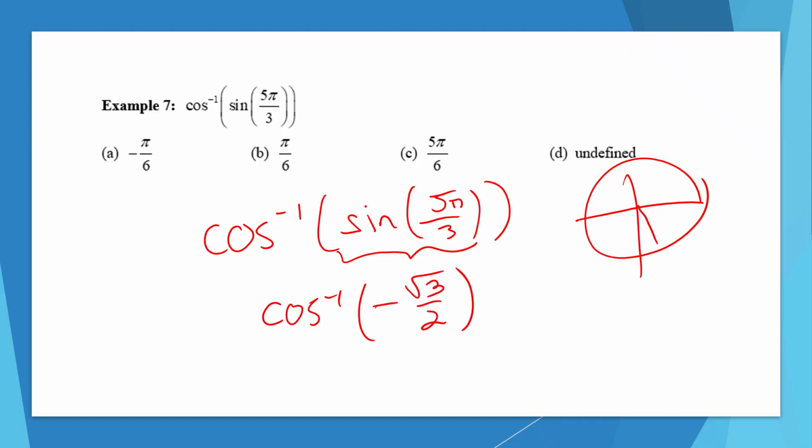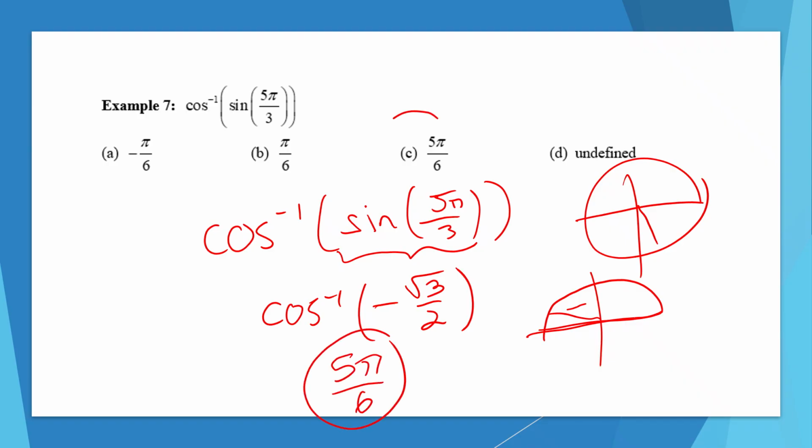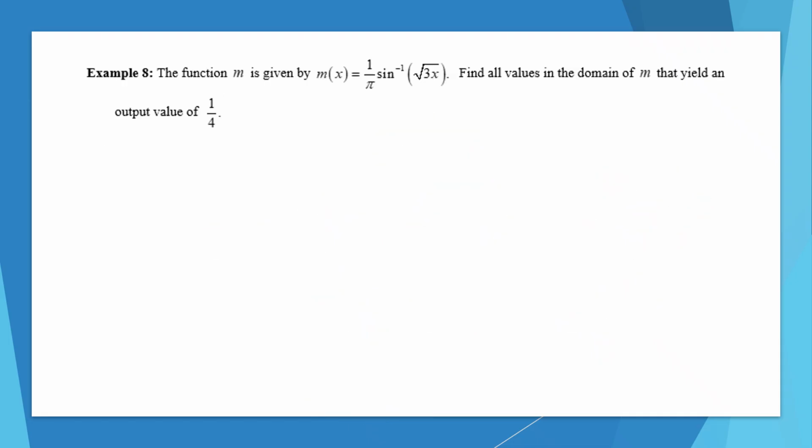And now we're doing the inverse cosine of negative root 3 over 2. Remember, the range for inverse cosine is the first two quadrants. And so it is going to be in the second quadrant. And cosine is equal to negative root 3 over 2 at a 30 degree reference angle. So this should be 5 pi over 6. And that should be our answer C here.